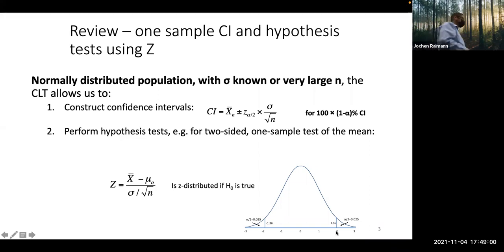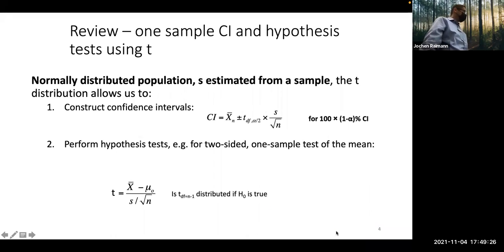The confidence interval is always calculated as your mean plus or minus the z, your critical value, which in most cases is 0.025 as alpha over two, 5% total on both sides, which translates into minus 1.96 and plus 1.96. This is a formula, a z code, that you really should recall. If you do data analytics, this will come back repeatedly.